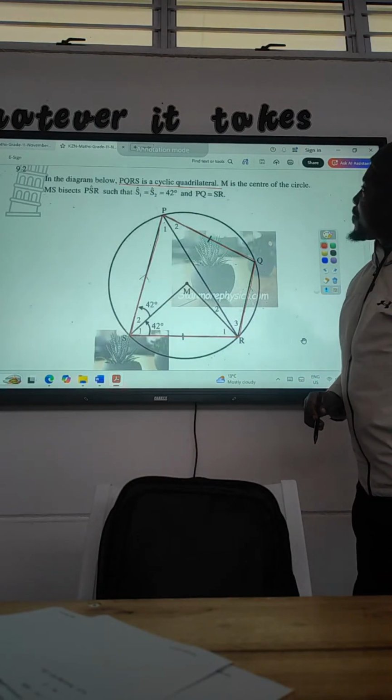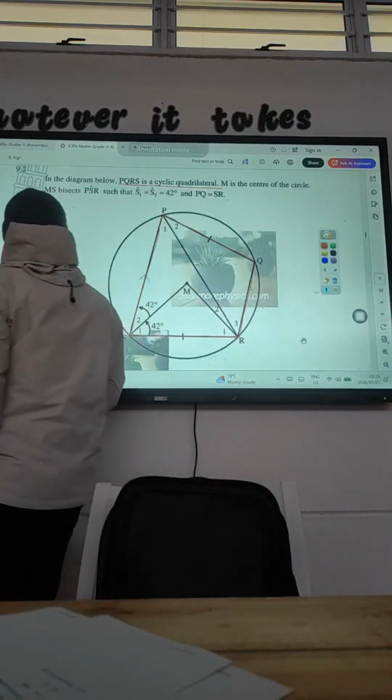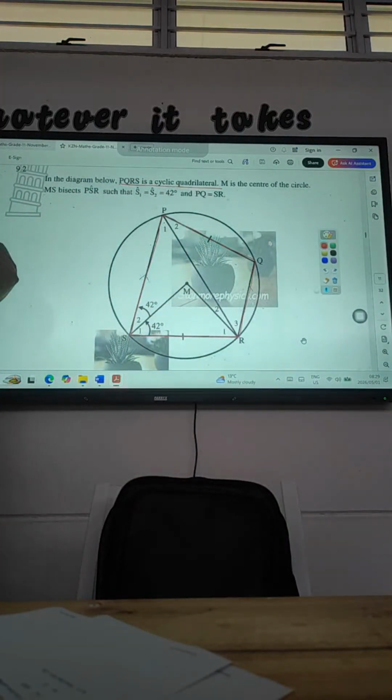For the fact that we have a cyclic quadrilateral, we're thinking, okay, how can it benefit me?